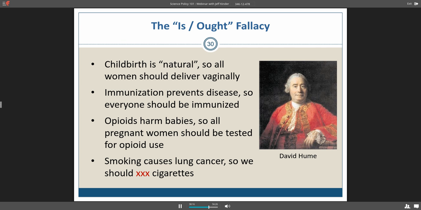So let's take the second one, for example. Immunization prevents disease. That's a scientifically defensible position. But then to say that therefore everyone should be immunized is a normative position. And of course, we see that playing out in the whole anti-vaxxer issue. So it's important to understand this distinction.